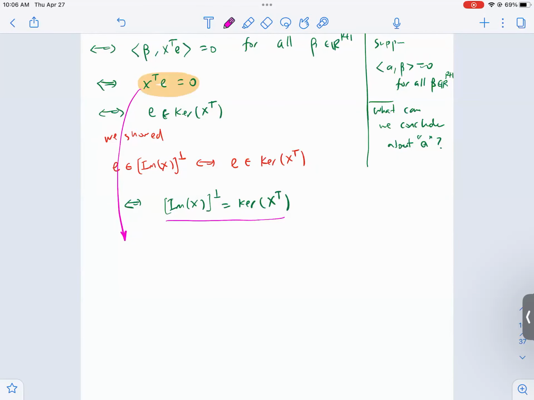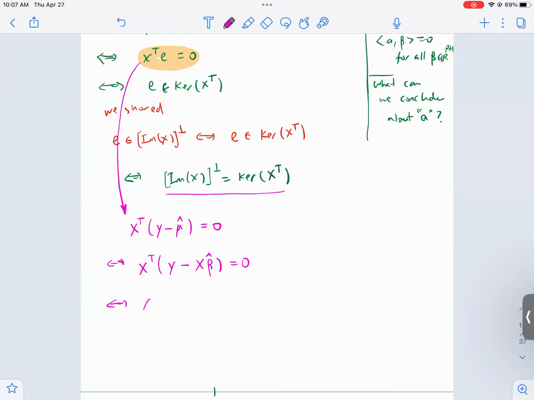Why is this important? Because I can now write X transpose times E, which is Y minus mu hat in our case, is 0. And this is just X transpose times Y minus X beta hat, which is 0. That's mu hat. Now I can try to solve for beta hat. That gives me X transpose Y minus X transpose X beta hat equal to 0.